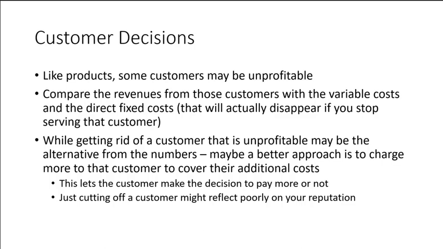Now, I will posit in this instance, and this can apply both to product decisions and customer decisions, it may look like on paper that this customer is unprofitable and that we would be better off. So we could do an income statement without that particular customer, and we may show that we will be better off without them.